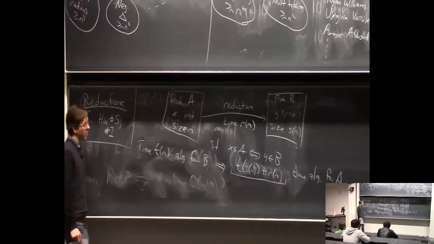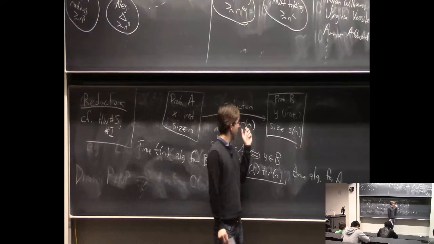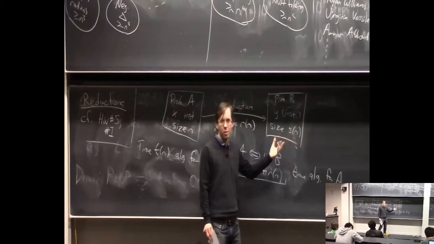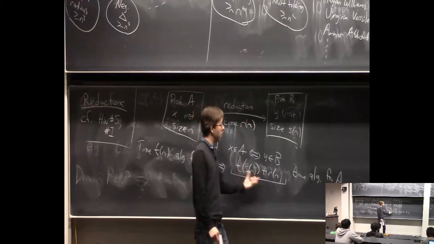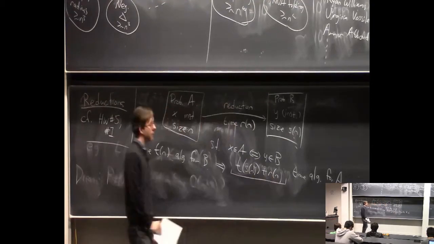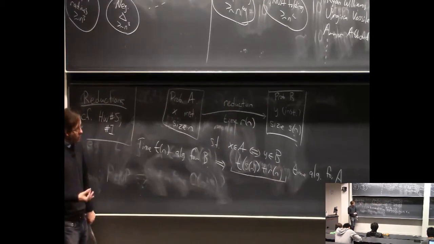Because usually reductions are not that complicated, so usually R of n and S of n are kind of comparable. So if t is bigger than linear as a function, then this will be bigger than this in the most typical circumstance. Good. So that's the forward direction of algorithms.